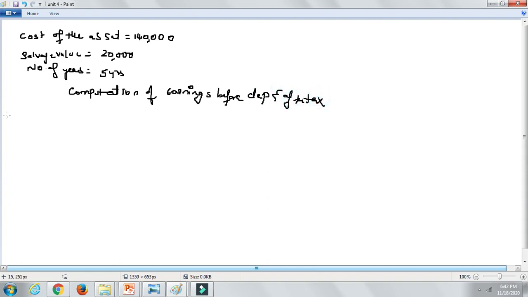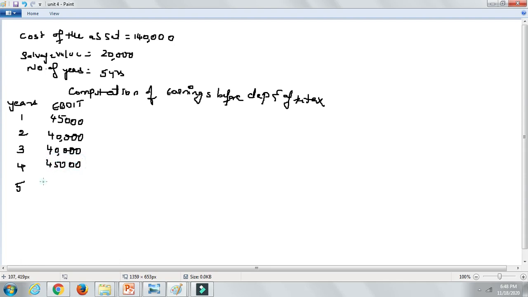The very first thing is the years. How many years are there? 5 years, 1, 2, 3, 4, 5. Now take what has been given in the question, EBDIT. For the 5 years, the EBDIT has been given as 45,000 for the first year, 40,000 for the second year, 40,000 for the third year, 45,000 for the fourth year, and 45,000 for the fifth year.